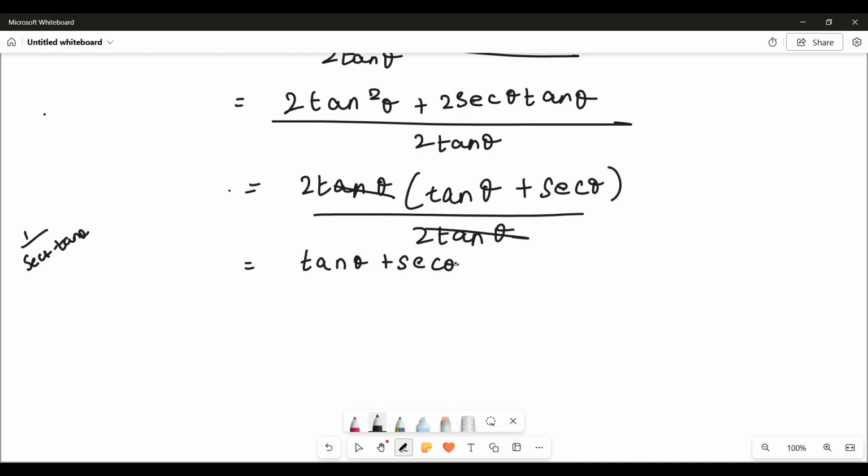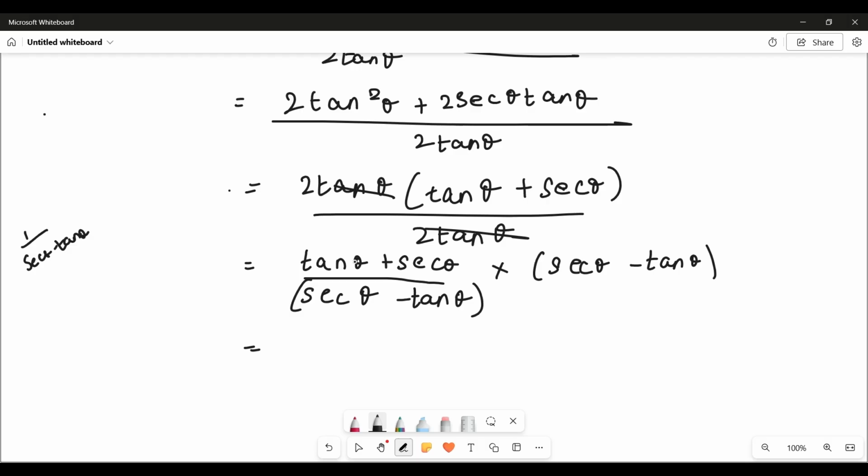So the best way to get the denominator as secant theta minus tan theta is to multiply and divide by secant theta minus tan theta.